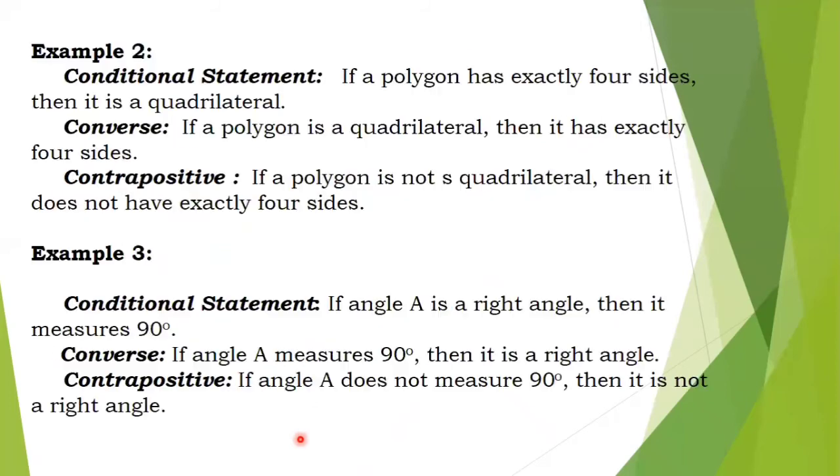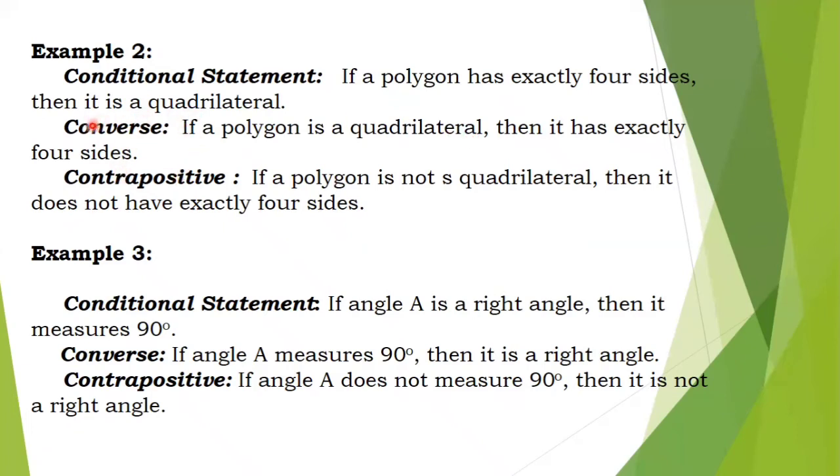Okay, let's go to the next example. Example 2. Conditional statement. If a polygon has exactly 4 sides, then it is a quadrilateral. So the converse of this will be, we will just interchange the hypothesis and the conclusion. Okay? Converse is, if a polygon is a quadrilateral, then it has exactly 4 sides.